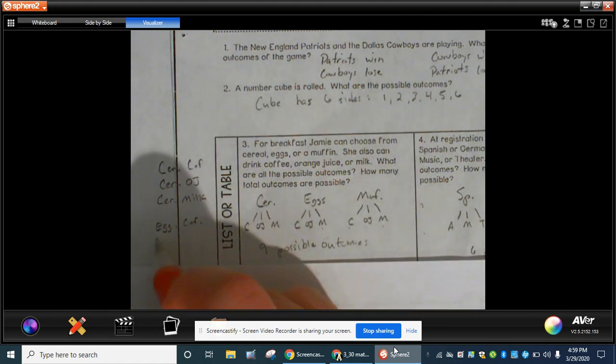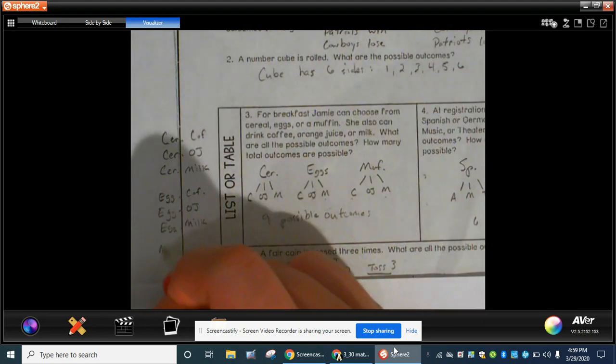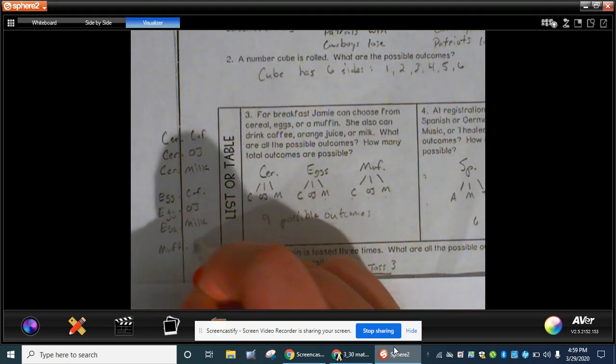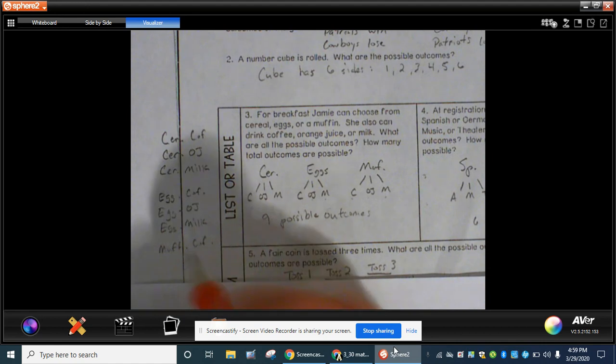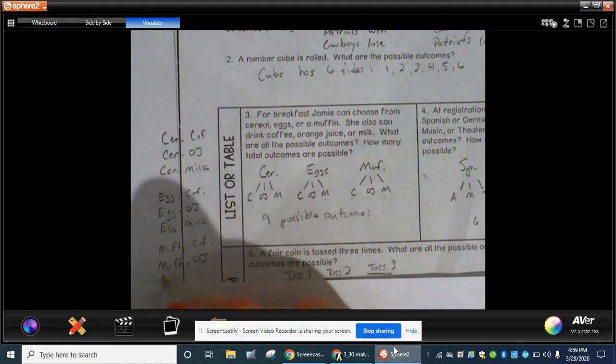I could have eggs and orange juice, or OJ. Or I could have eggs with milk. I could also have muffins with coffee. I could have muffins with orange juice, or I could have muffins with milk.